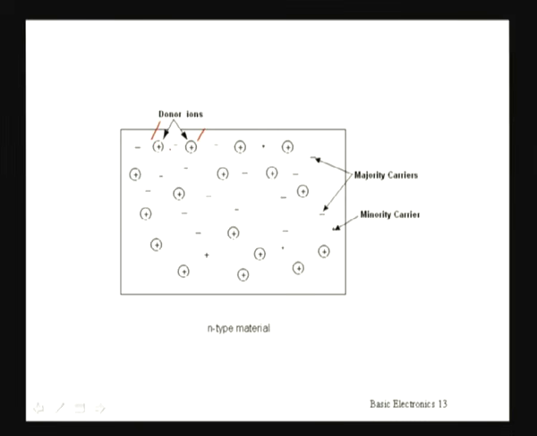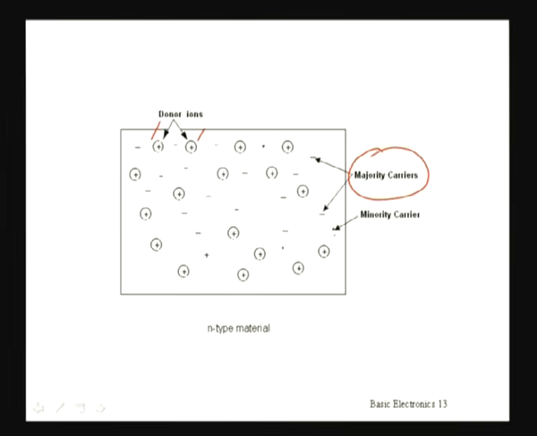So the donor ions are having one positive charge, and there will be electrons which are in abundance in the n-type material. These are called majority carriers. So in an n-type material, the majority carriers are electrons, but there will also be, in less numbers, minority carriers, which are holes.